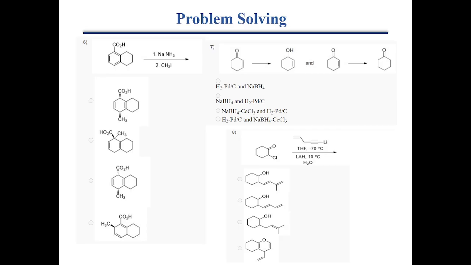So now we go to question number 6. Sodium, liquid ammonia, methyl iodide. Now this acid group is an electron withdrawing group. So what happens here?